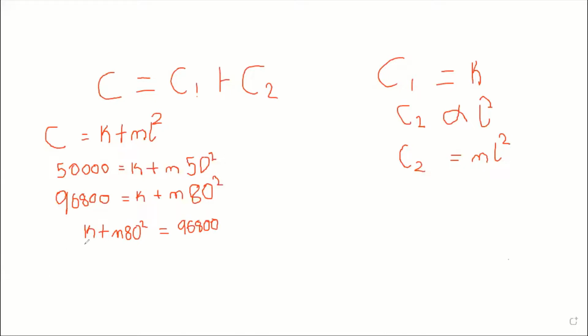And then the second equation, K plus M 50 squared is equal to 50,000.